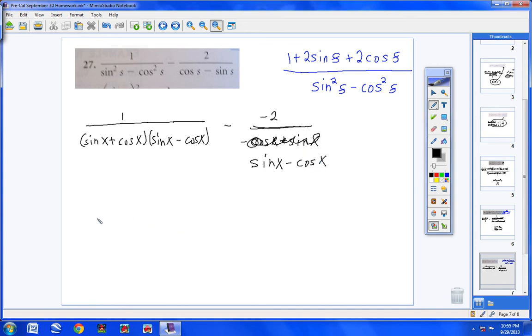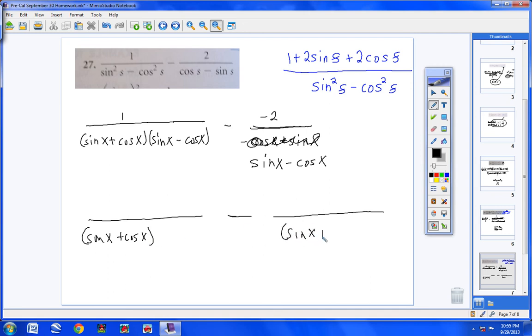Now let's find our real big common denominator. Do you remember how to do this? You compare binomials with binomials. So I have one group of sine plus cosine. I have no groups of sine plus cosine over here. So which denominator has the most? This one, and it has 1. So sine x plus cosine x.